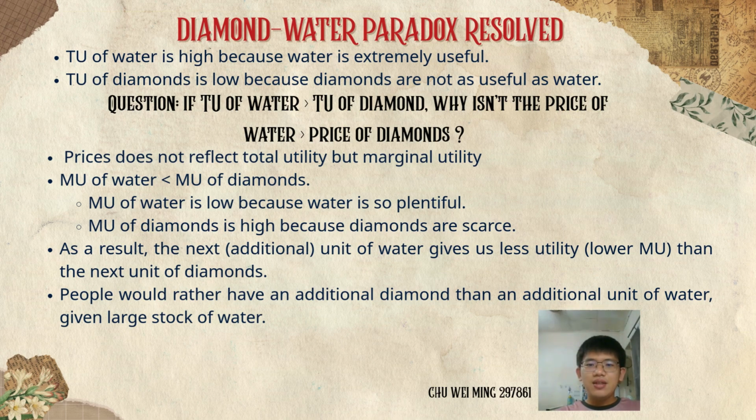As a result, when people consume an additional unit of water, it gives less utility than the next unit of diamond. So people would rather have an additional diamond than an additional unit of water, given a large store of water.